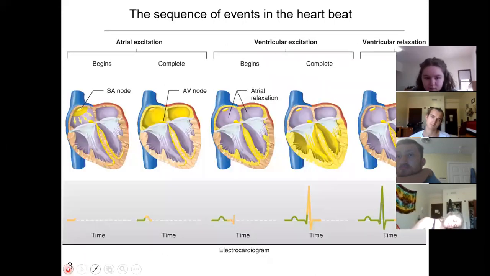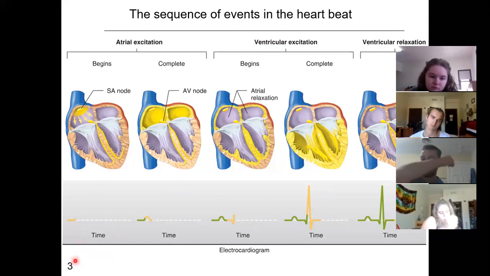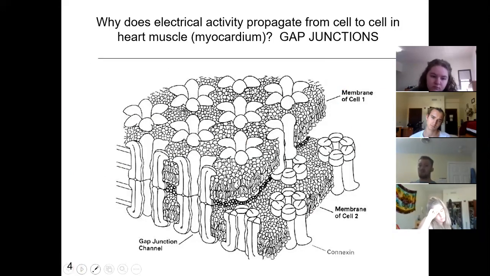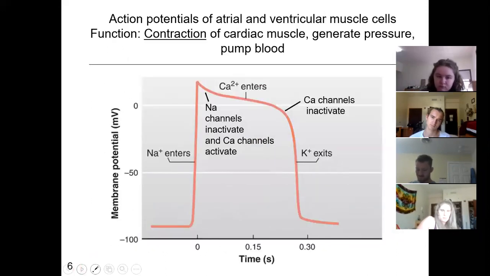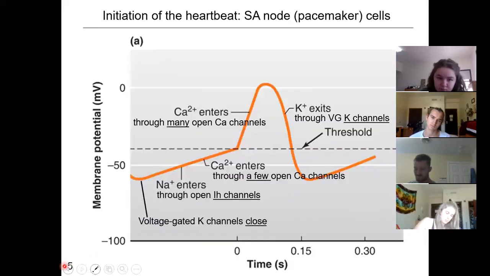So I'm going to go back one more slide. So the sinoatrial node fires action potentials that I've just described the mechanism of, and now it's spreading. Now I'm going to talk about how it's spreading throughout the atria in the next slide. It's spreading because of gap junctions to neighboring cells. And now, I'm sorry, I'm going to go back 2 slides.